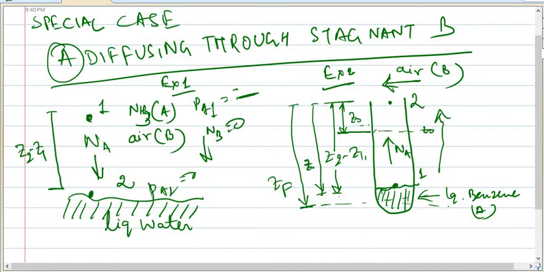In these cases, to derive the equation for A diffusing through stagnant non-diffusing B, that is NB equal to 0, we have PA1 with a certain value and PA2 with a certain value. So there is a partial pressure gradient here. In these cases, how do we derive or obtain an equation?